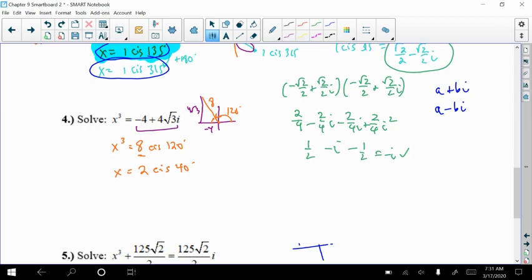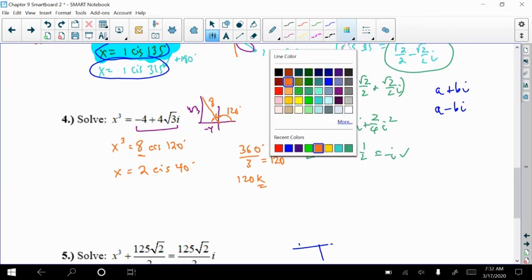Now, there are 3 solutions I'm looking for, and because they have to be equally distributed, I'm going to take 360 degrees and divide by 3, so I get 120. Some of you might be thinking, this kind of looks like plus 120k, where k is an integer, and that's exactly right. You're going to continue to add 120 until you've gotten all your particular solutions.